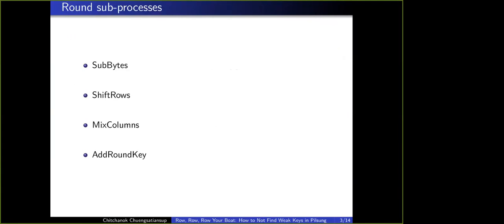Subprocesses in each round are SubBytes, ShiftRows, MixColumns, and AddRoundKey. Unlike AES, ShiftRows in Pilsung is replaced by a permutation, which is the main focus of this presentation.